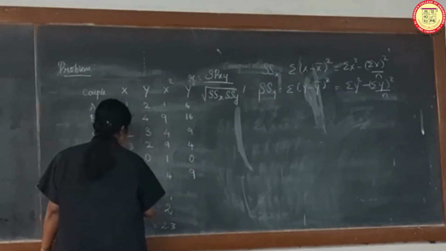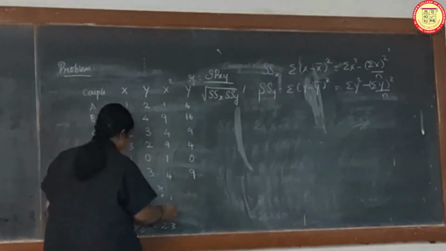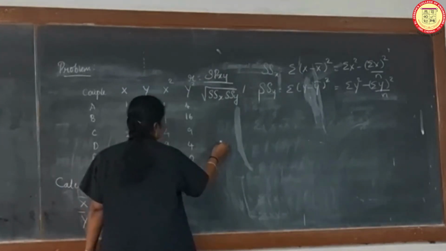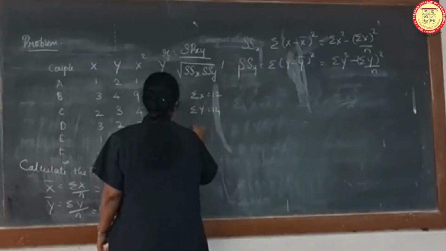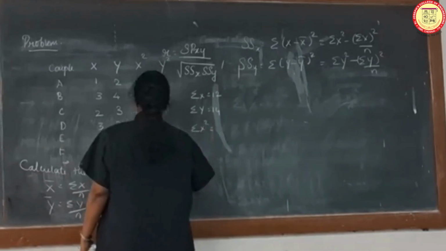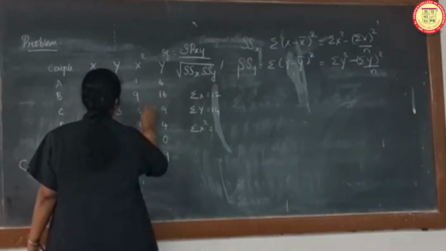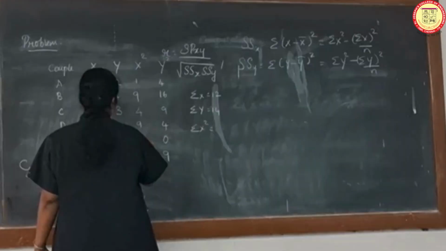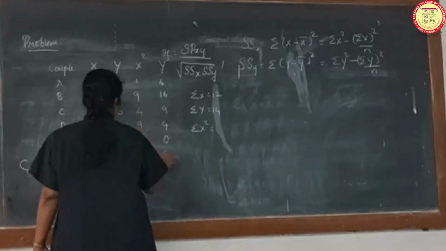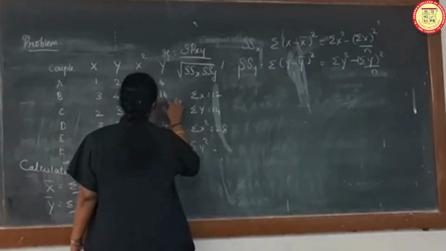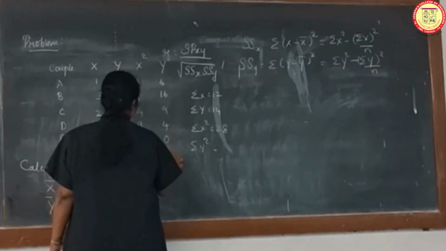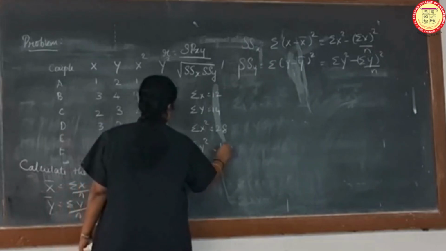So the summation of these values: summation x is equal to 12, summation y is equal to 14, summation x square is equal to 28, and summation y square is equal to 42.